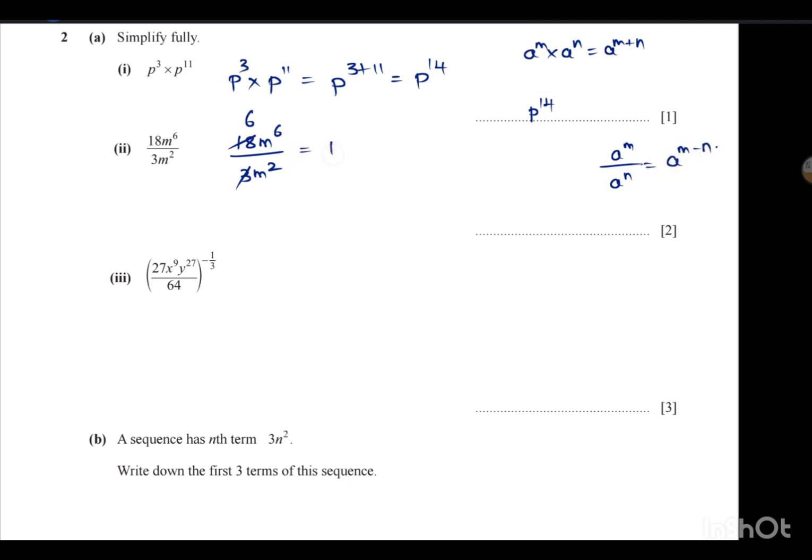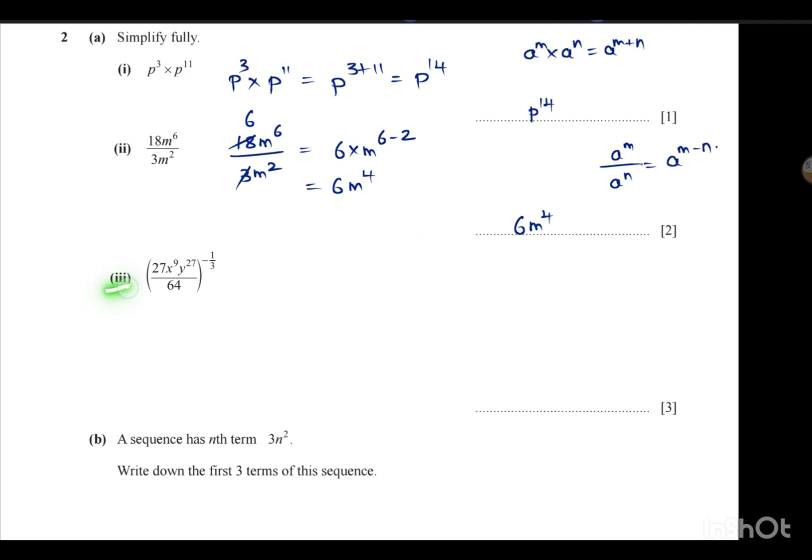So it is equal to 6 into, actually there is m here as base, m into m raised to 6 minus 2. So this will be 6 m raised to 4. 6 m raised to 4 is the answer.